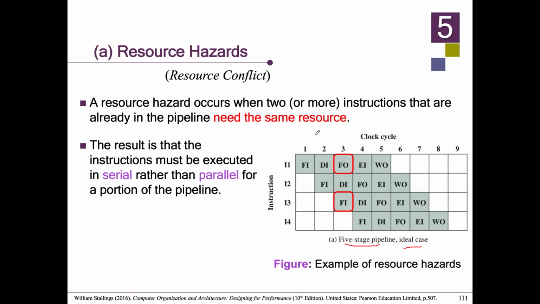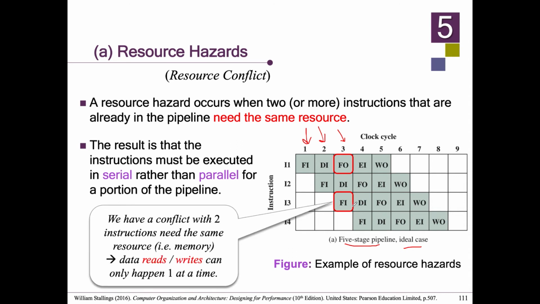At time 1, time 2, it's okay. But when you get to time 3, you face that F0 and F1 are quite similar. We have a conflict with two instructions needing the same resource, which is your memory. Data read or write can only happen once at a time.